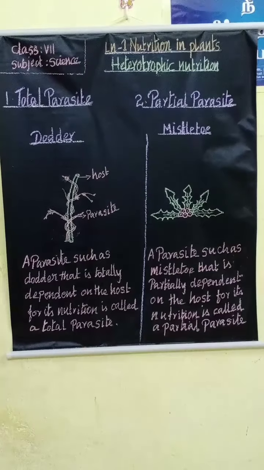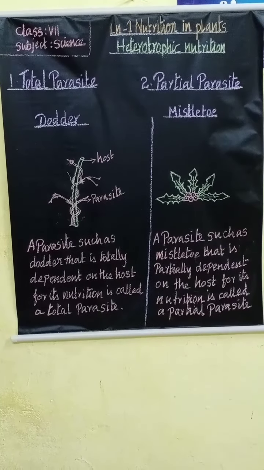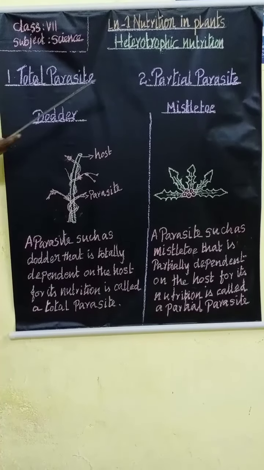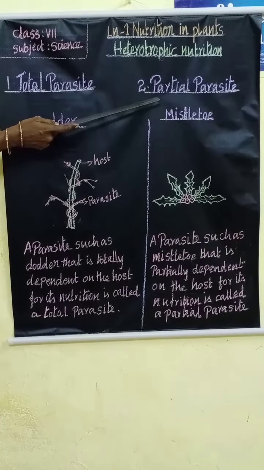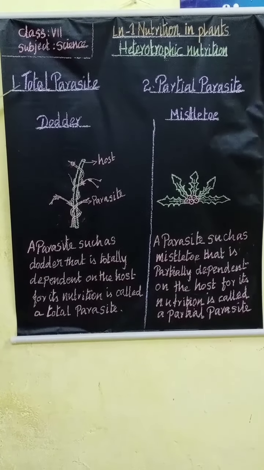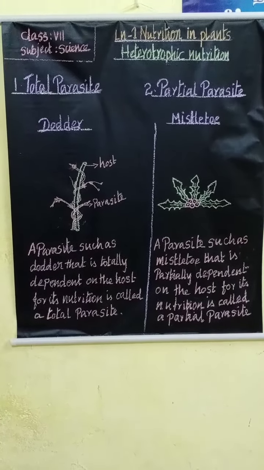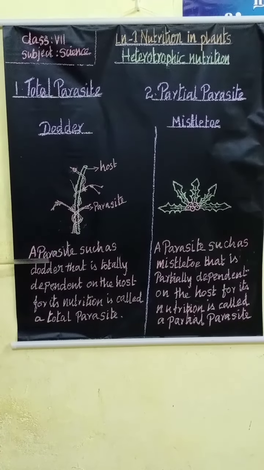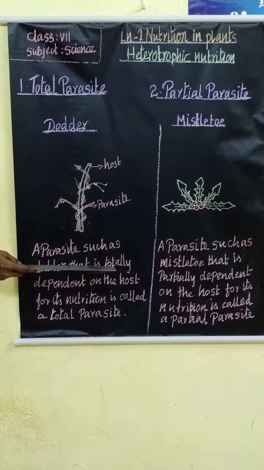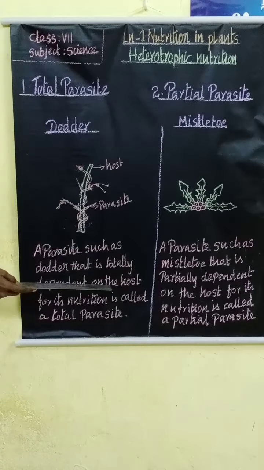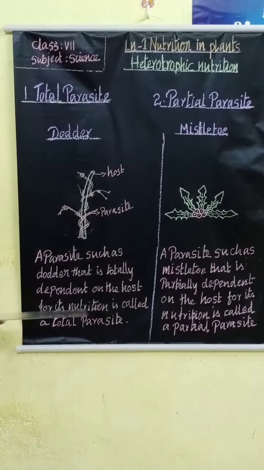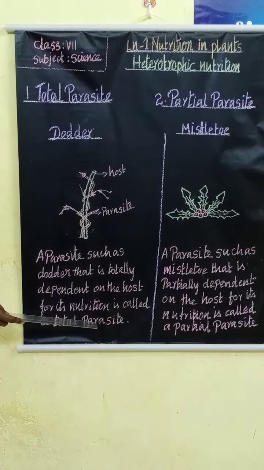Now we are going to learn about the two types of parasitic plants. First one is total parasite. Second one, partial parasite. I am going to give you the details about the total parasite. What is the total parasite? A parasite such as dodder that is totally dependent on the host for its nutrition is called a total parasite.